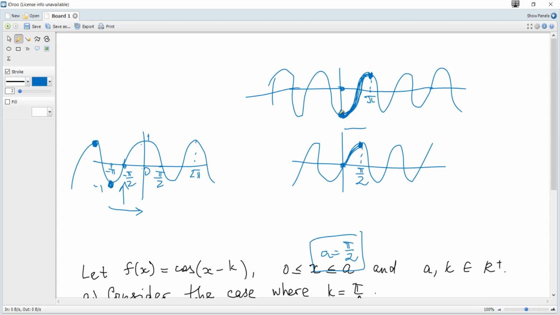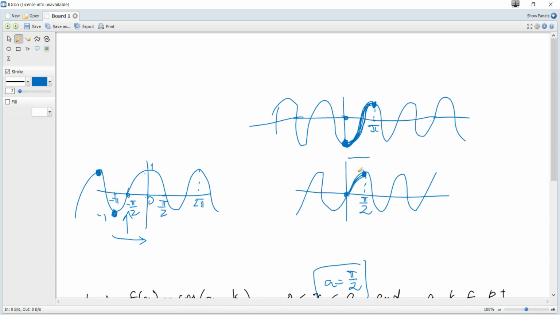So you can see this is translated by pi, but let's consider, for example, if k is some specific value, for example 1.1 pi.